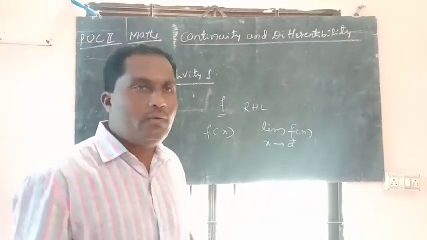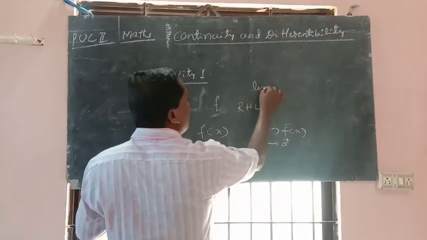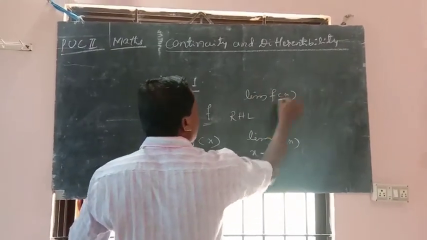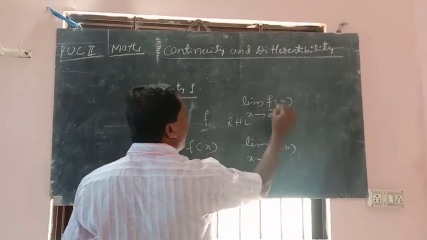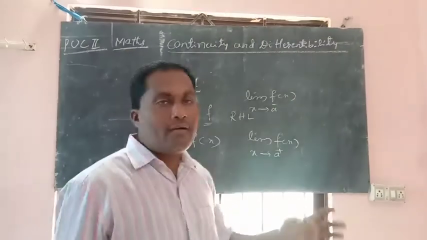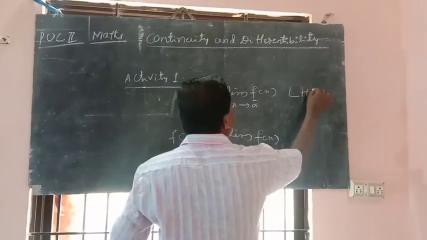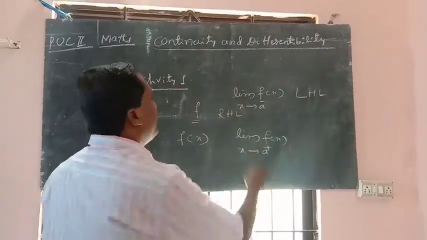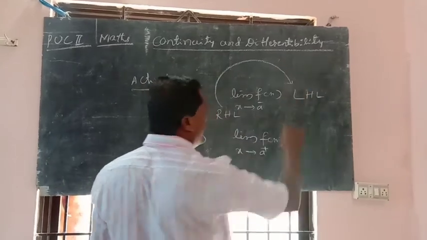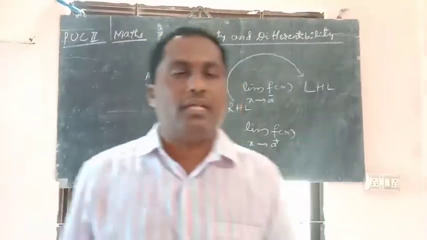Similarly, limit f of x as x tends to a minus is called the left hand limit, simply LHL. So this RHL and LHL satisfy the function.